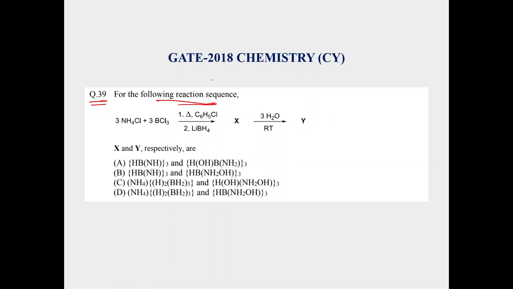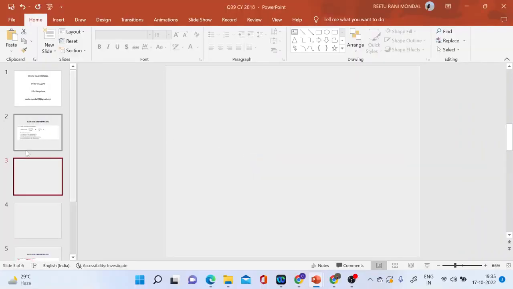So here 3NH4Cl is reacting with 3 boron trichloride, and first they are giving heat and C6H5Cl. So this C6H5Cl is a chlorinating agent.